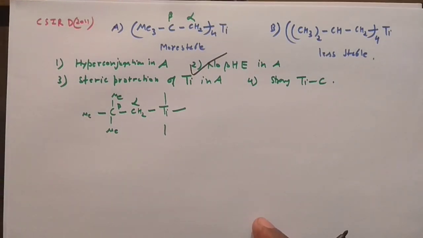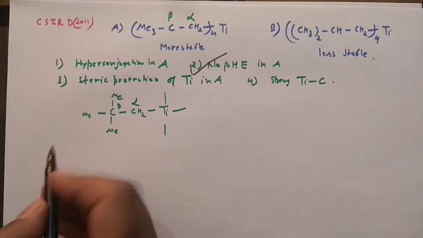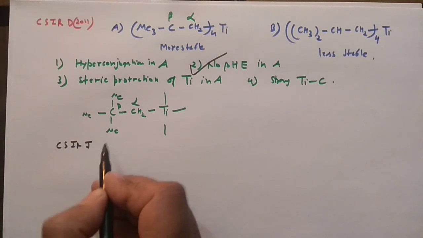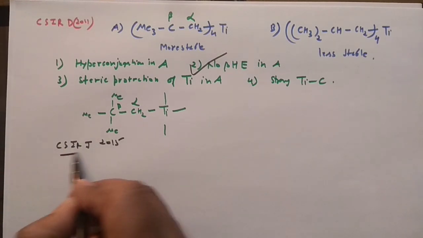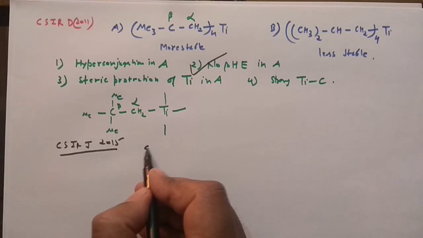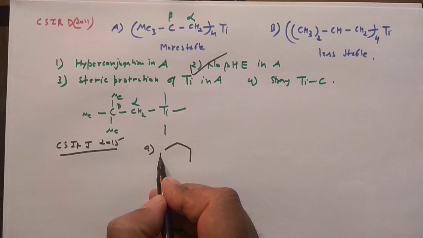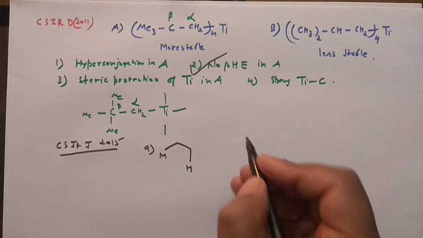And then I'm coming back to the next question, which they asked in CSIR NET June 2015. In that case they have given you complex A, drawn in that manner. This is the metal, and this is the hydrogen they have drawn.